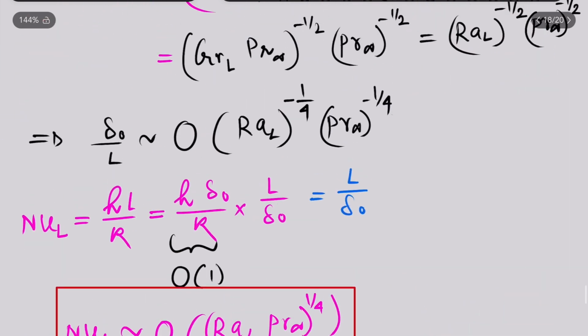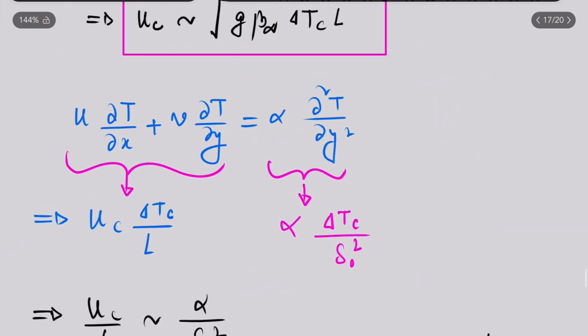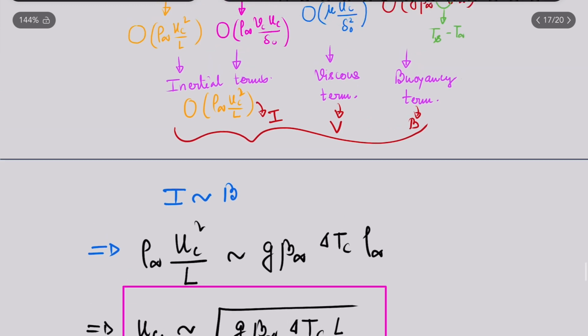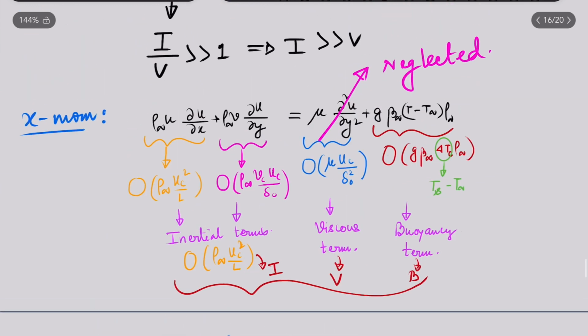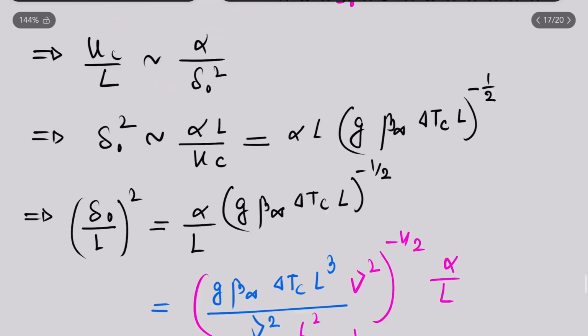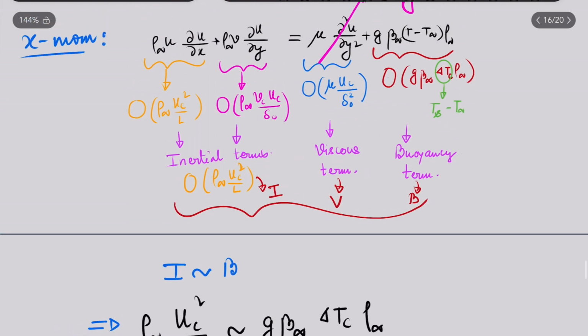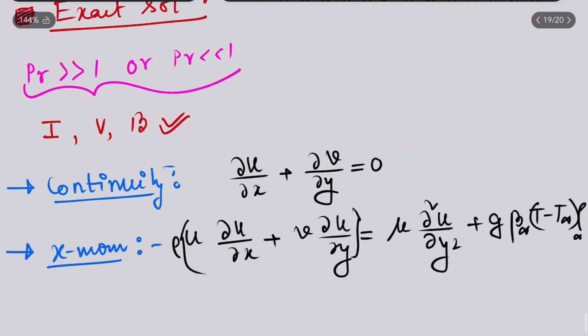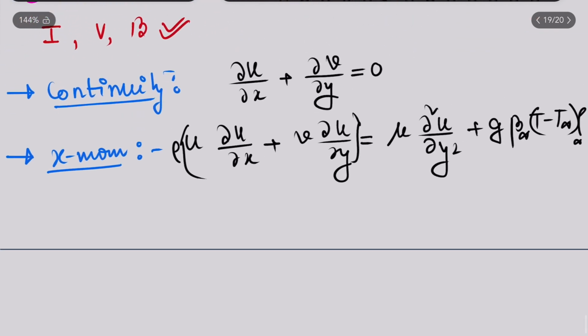I have tried a lot to remember all these things, but every time I fail. Okay, this time I am right: T minus T infinity and rho infinity. The y momentum equation will not be important here because del p del y is equal to 0.